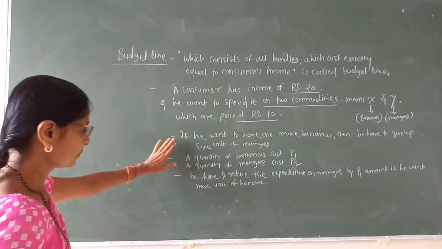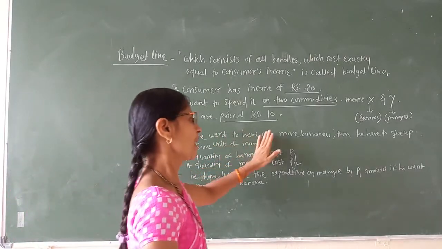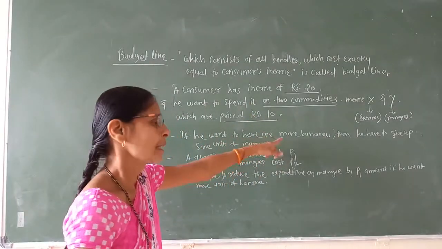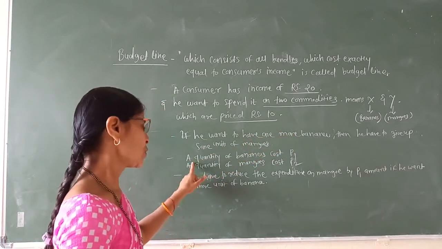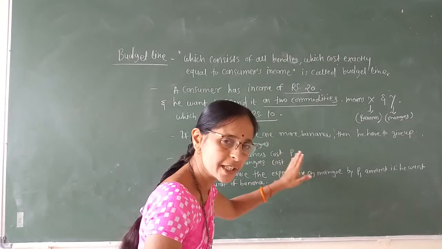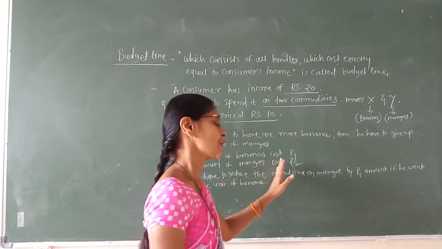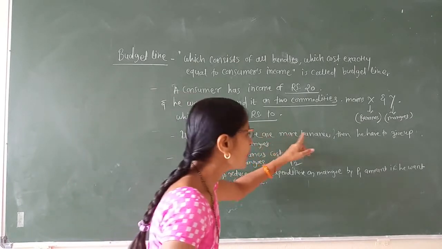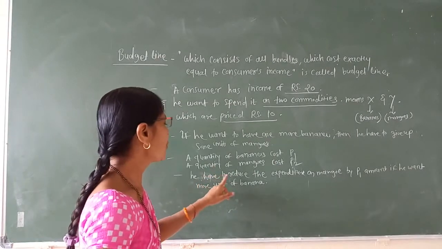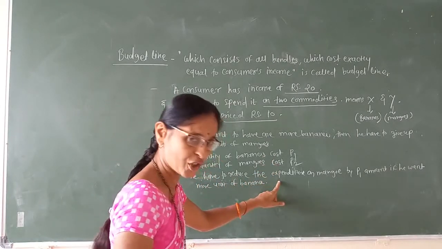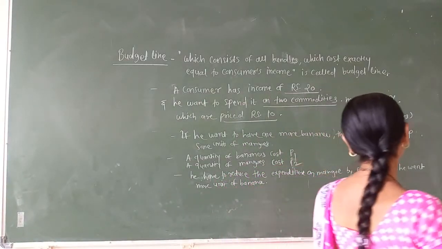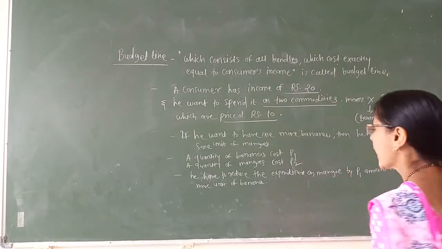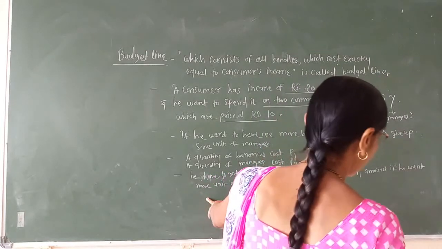See here, if the consumer wanted to have more units of banana, then he has to give up some units of the mango. Why? Because he wanted more units of the banana. So here the quantity of bananas cost is P1 and the quantity of mangoes cost is P2. Means if he wanted one more unit of the banana, then the consumer has to reduce his expenditure only on the mango, by P1 amount.